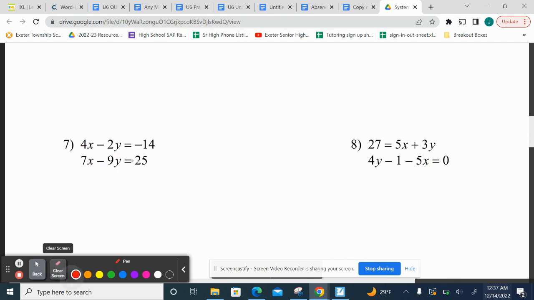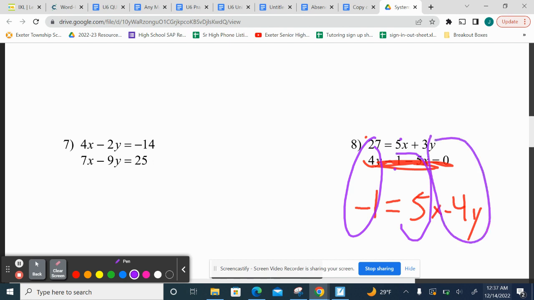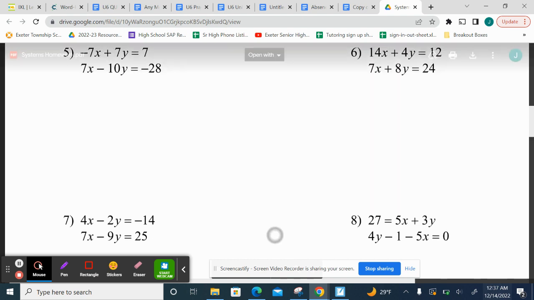And with that rearranging that we did, let me show you that again real quick. Even though it looks a little out of whack, if I cross this out, it's number on number, x on x, y on y. So that one you'd rearrange, but after that you can solve.